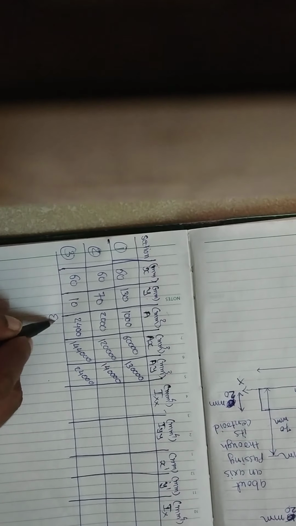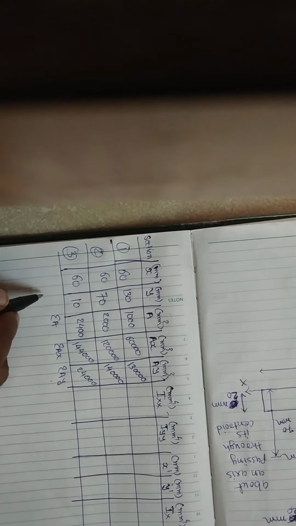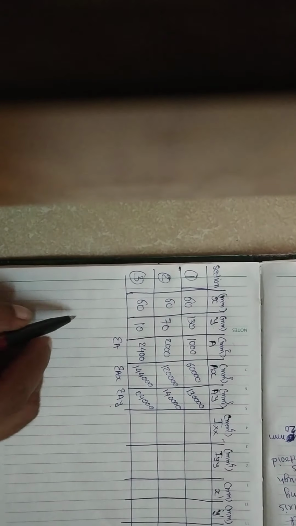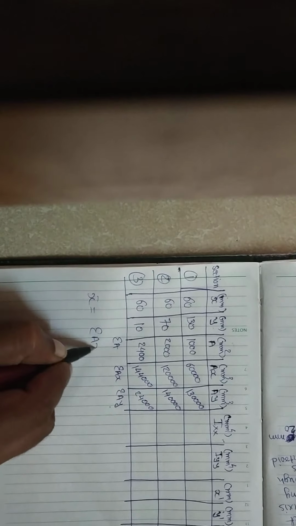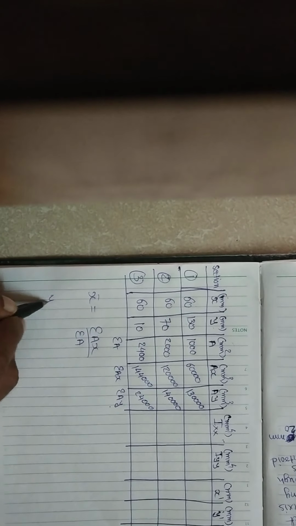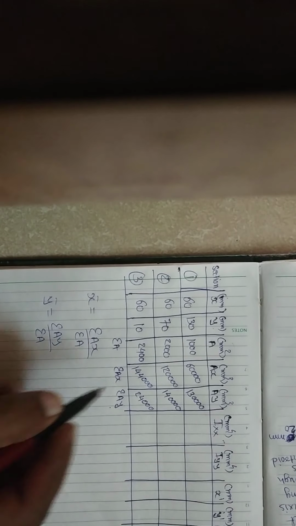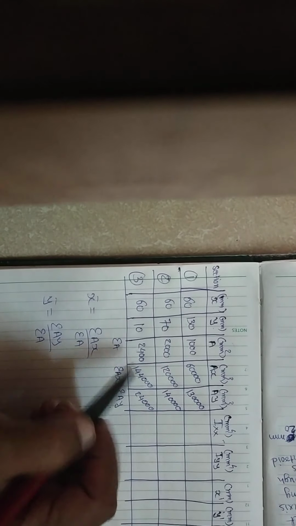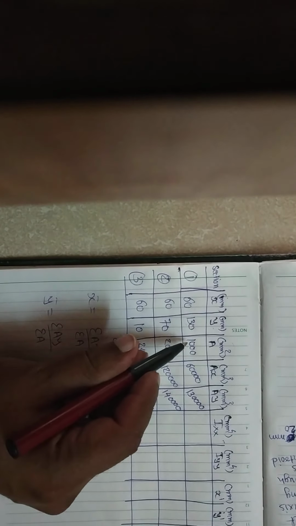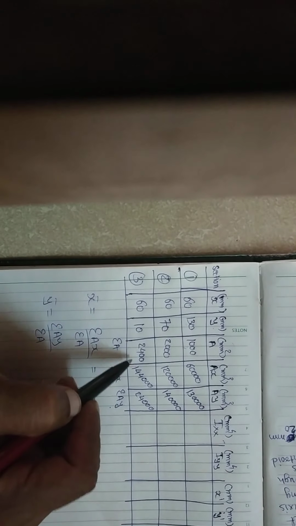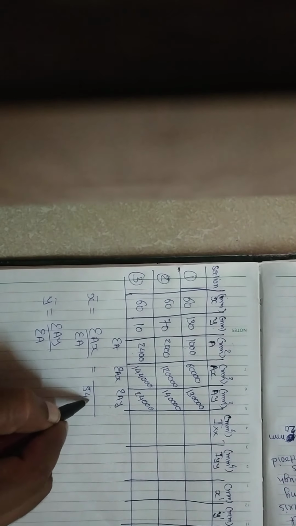So we have ax and ay. Now you have to take sigma a, sigma ax, and sigma ay, and to find the CG, do the simple calculation as I told you earlier. X bar is equal to summation ax by summation a, and y bar is equal to summation ay by summation a. Summation a is the total area: 1000 plus 2000 plus 2400, which is 5400.